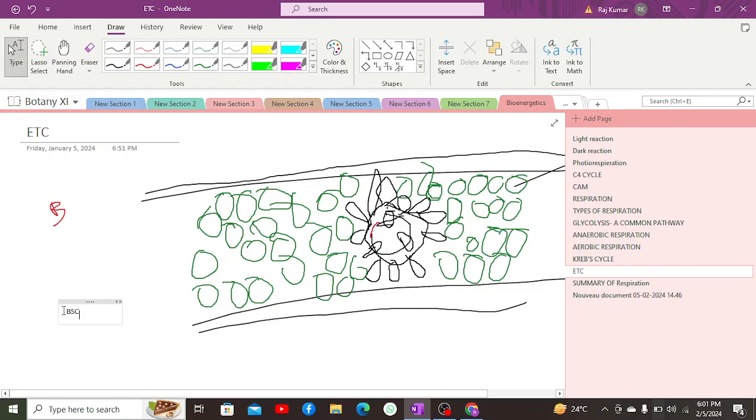bundle sheath cells we have large agranular chloroplasts, which are less in number.